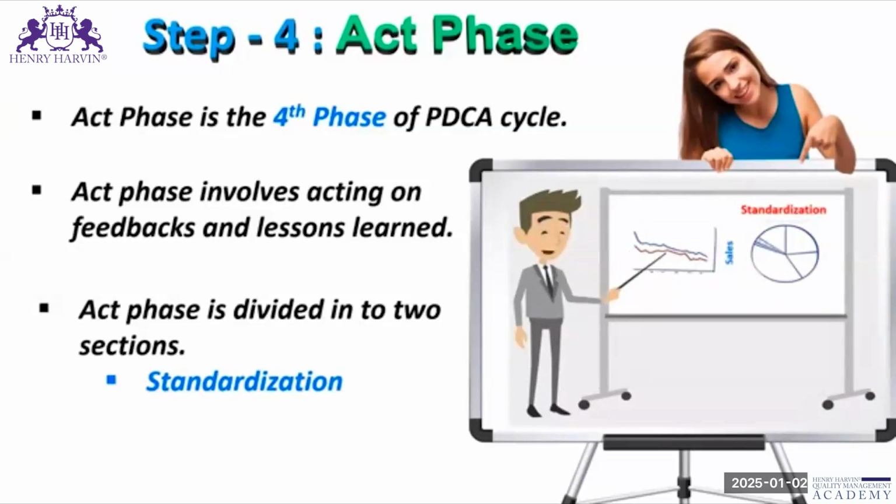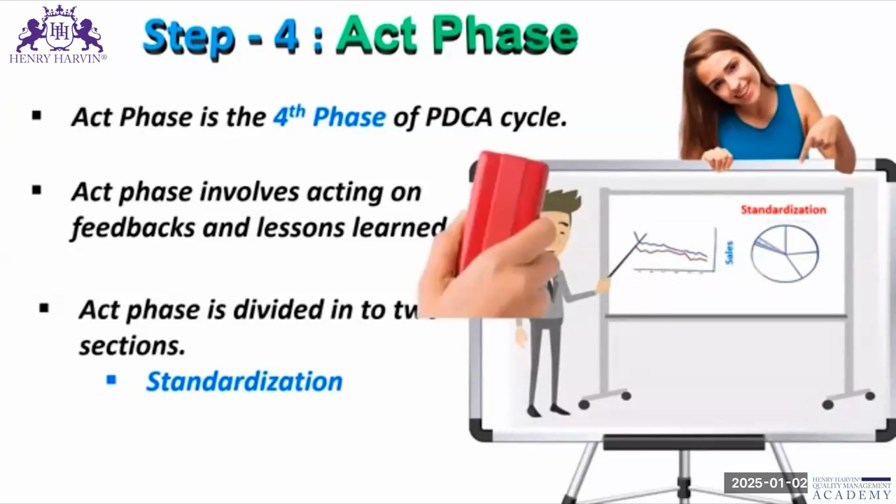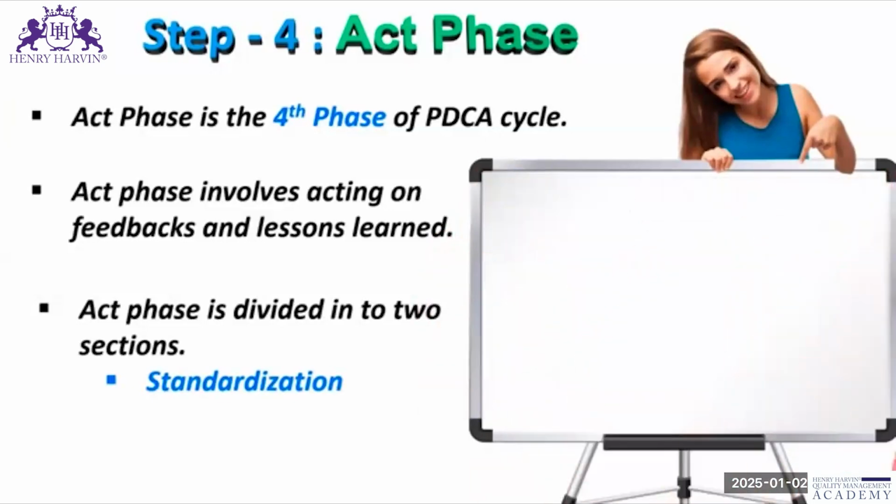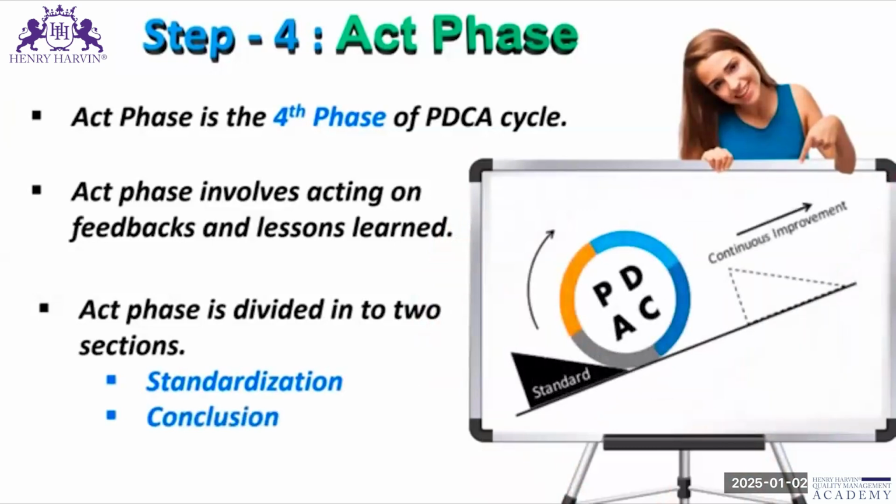This standardization can be done in a new standard document, or it could be a modification of an existing document. The other thing is the conclusion, which is where the final evaluation of team performance is made, analyzing all the results with the help of graphs like Pareto chart, check sheet, etc. Analyze what went and what did not go as per the plan, and try to record the learnings of the project in a document.